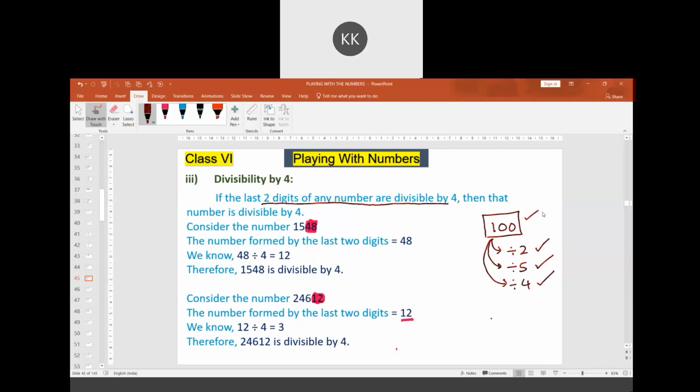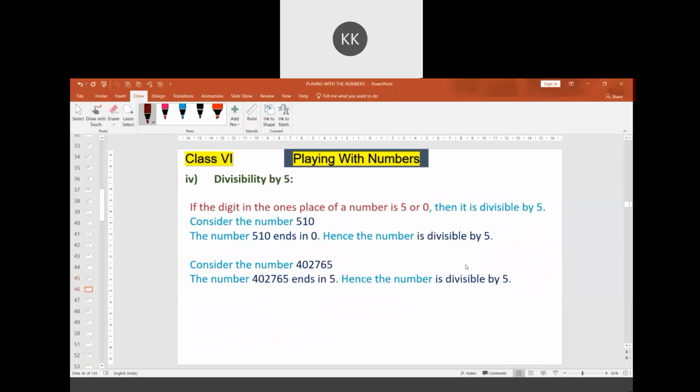It is an even number, right? Every even number is divisible by 2. A number that ends with 0 is divisible by 5. The number ending with 2 zeros is a special category, divisible by 4. Did you understand? Yes, sir.